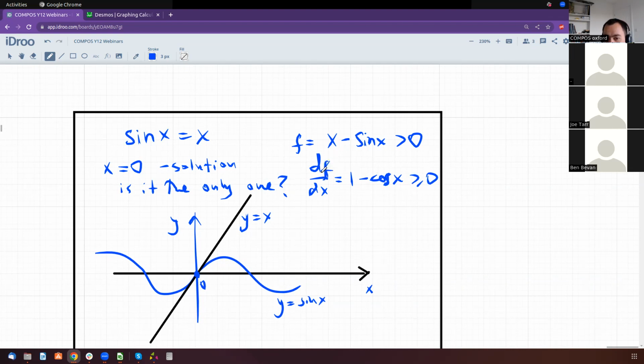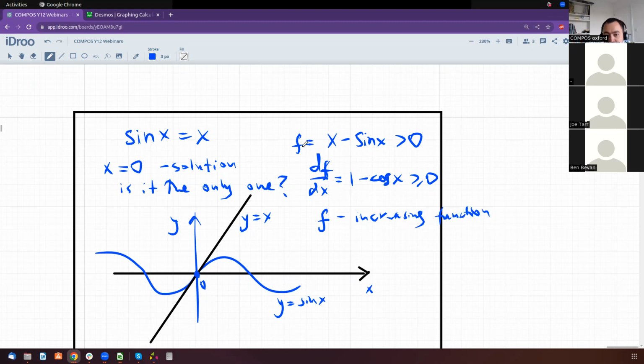So the derivative is non-negative, which means that f is a non-decreasing, increasing function.